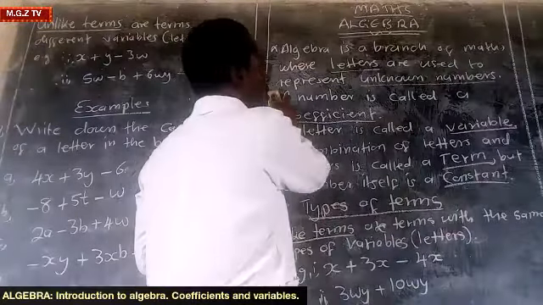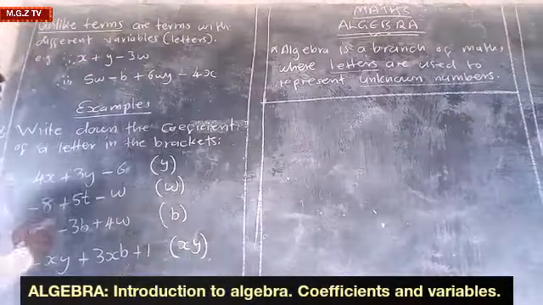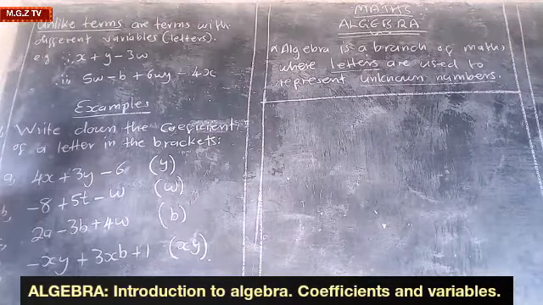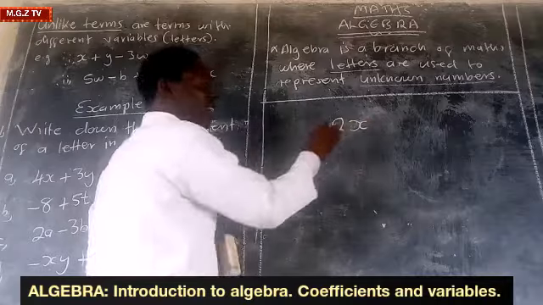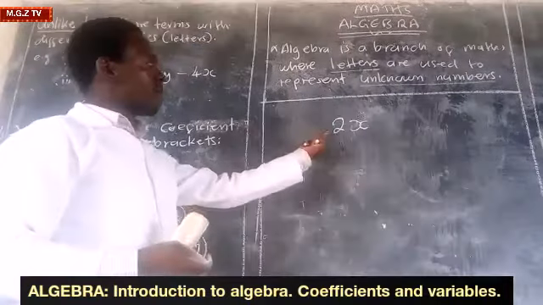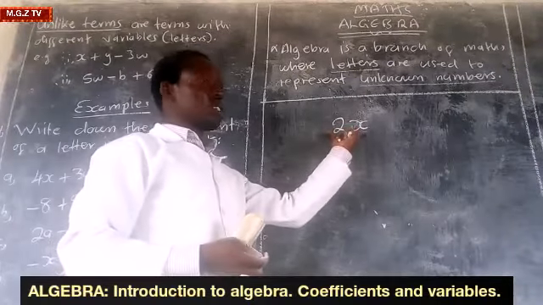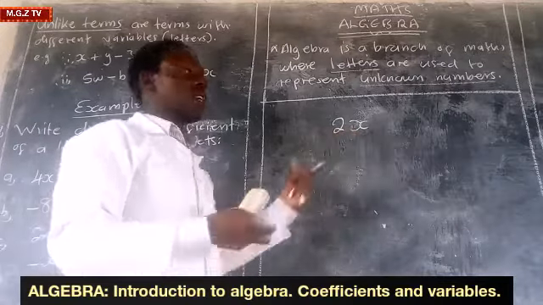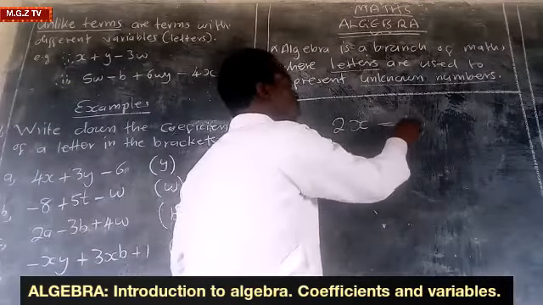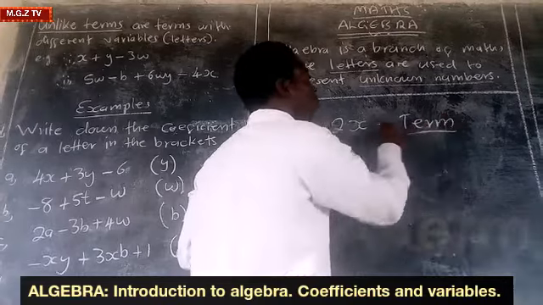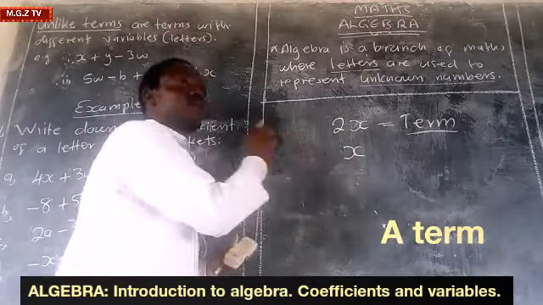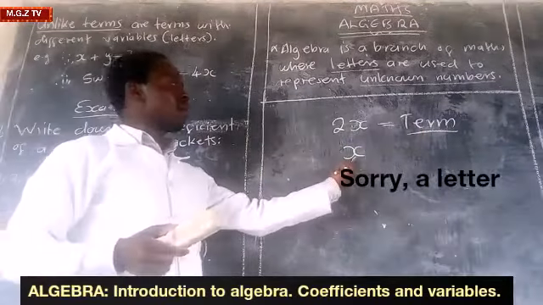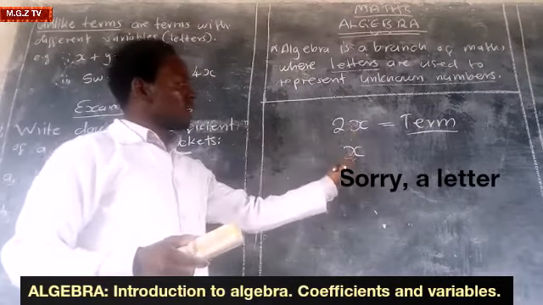So I'm wrapping that. Now listen. We have a number and a letter. A number and a letter, these are together, so they form what we call a term. This is just a number, and this is just a letter.